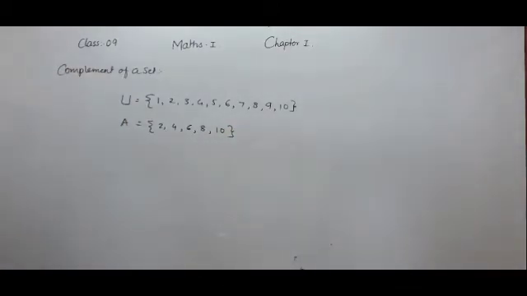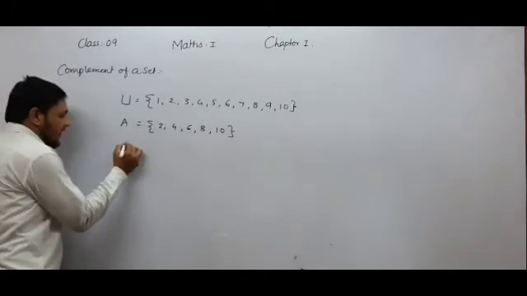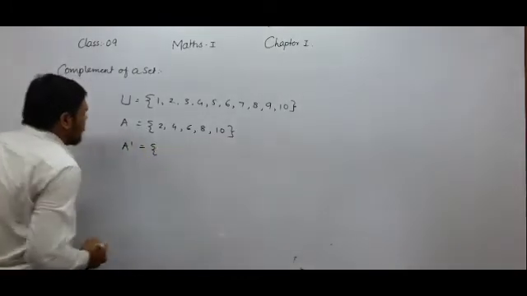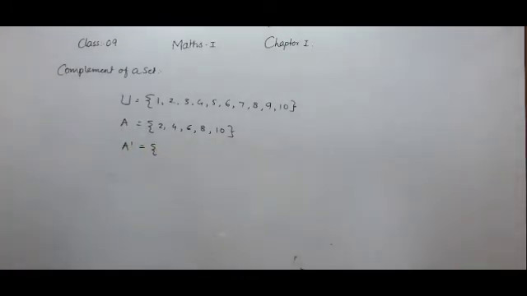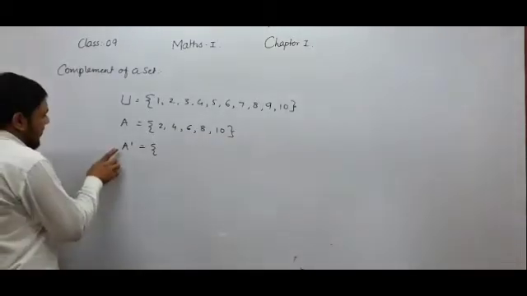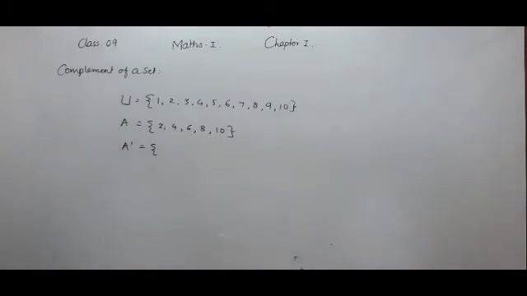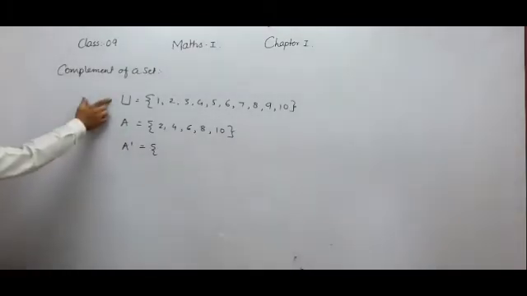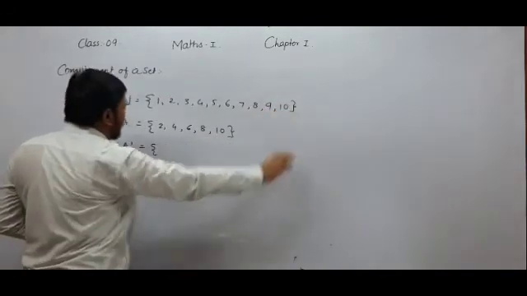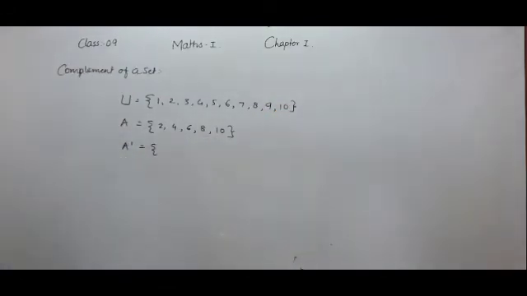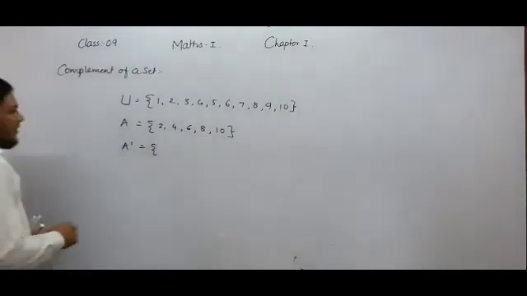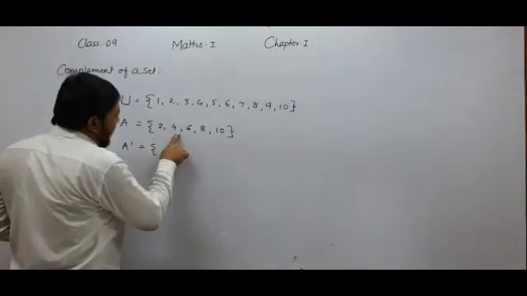Now student, we have to write the complement of set A. So A complement is equal to, according to the definition of complement of a set, we have to take all the elements from set U which are not in set A. Means we will consider the universal set U and take the elements of U which are not in set A. So here 2 is in A, 4 is in A, 6, 8.